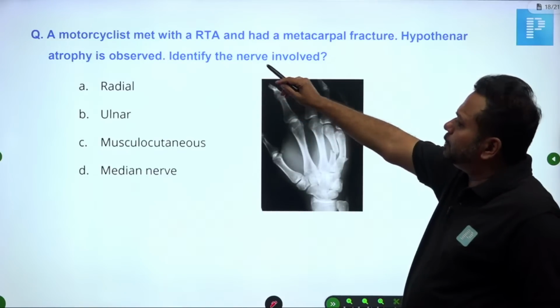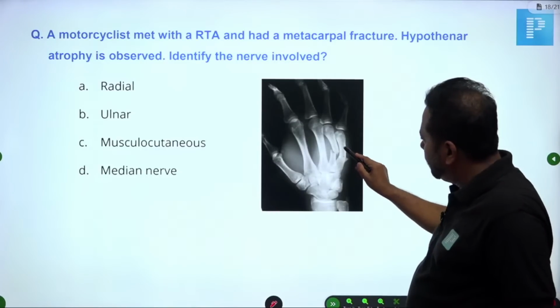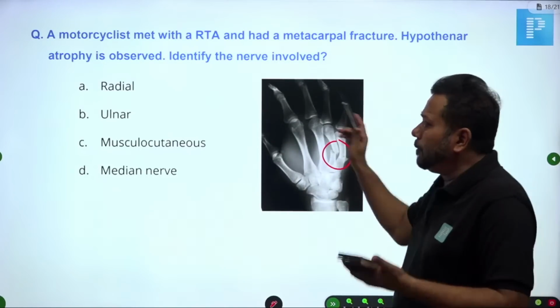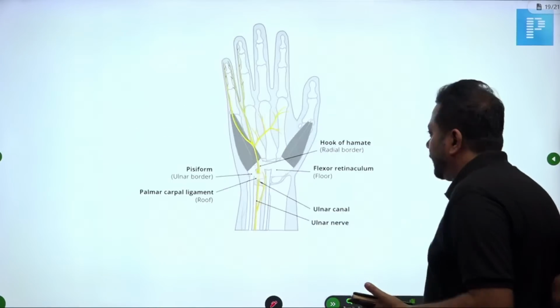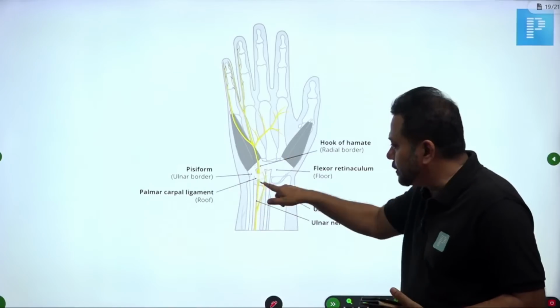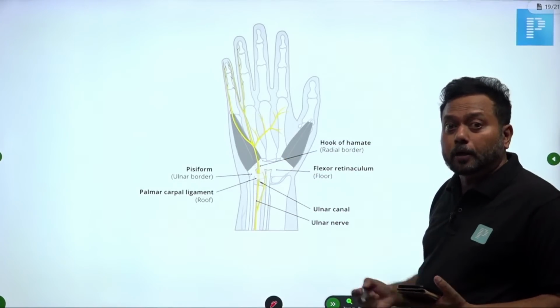Coming to the last question. A motorcyclist met with a road traffic accident and had a third and fourth metacarpal fracture. Hypothenar atrophy, hypothenar muscle wasting. The answer should be ulnar nerve. And we all know, dear friends, there is a thing called Guyon's canal, a common area of compression of the ulnar nerve. Guyon's canal is otherwise called the ulnar canal.